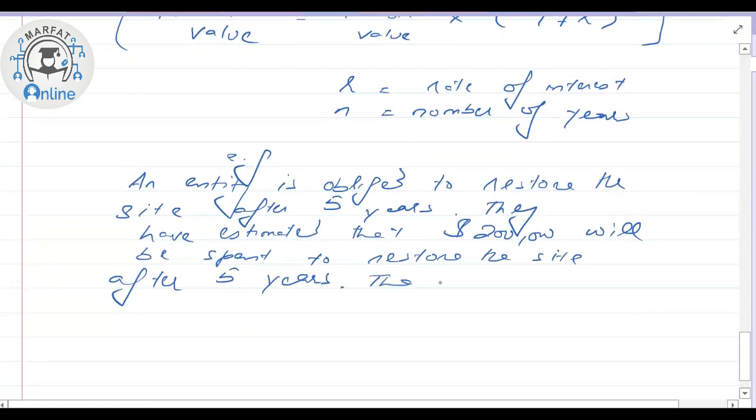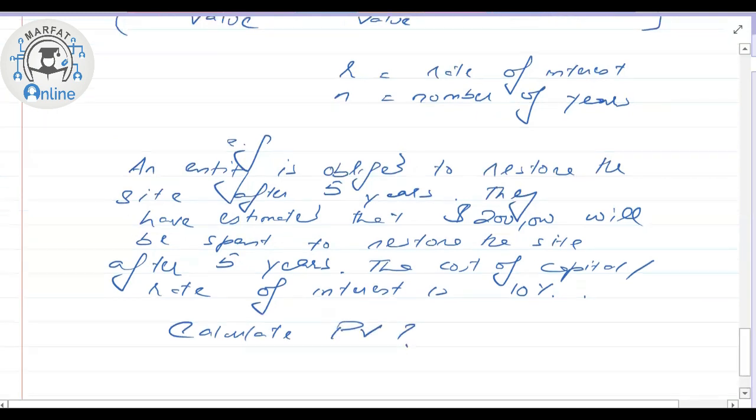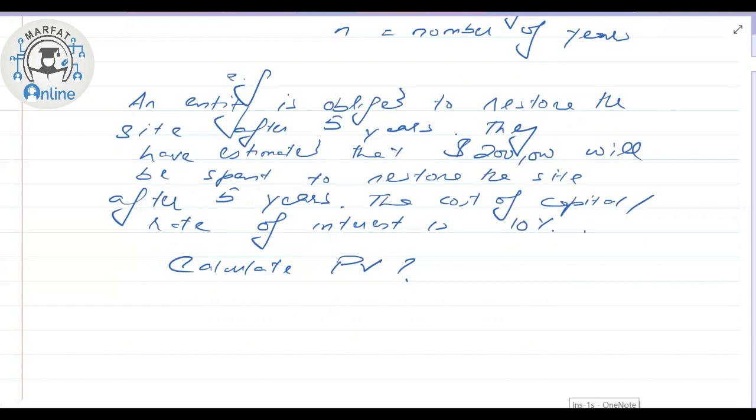The interest rate, or cost of capital, is 10%. Calculate the present value. This is the data and you have to calculate the present value.